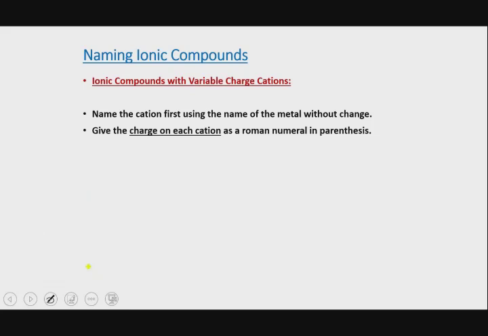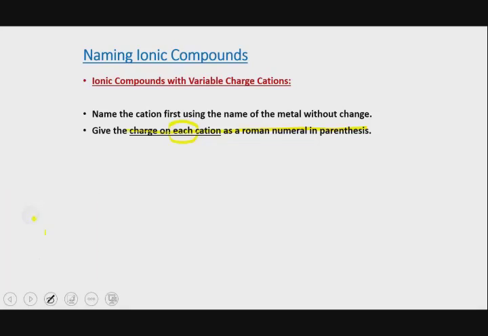And that is the difference between the 2 categories of ionic compounds. In this case, after you name the metal, you must give the magnitude of the charge on each cation as a Roman numeral in parentheses after the name of the metal.